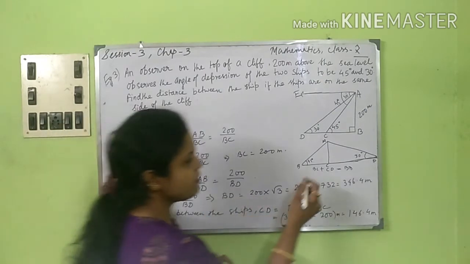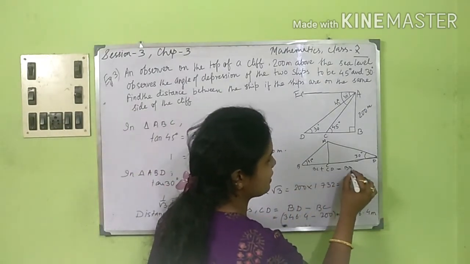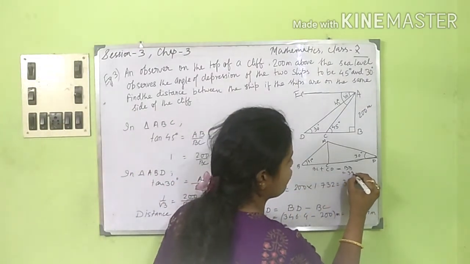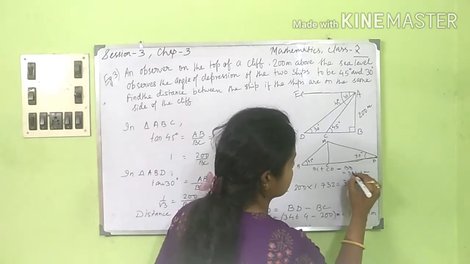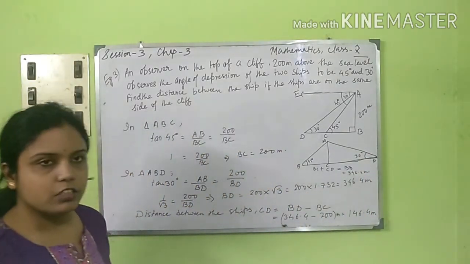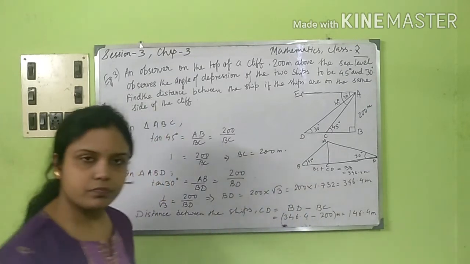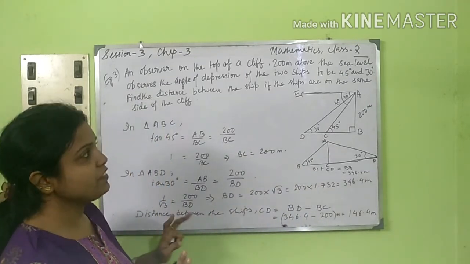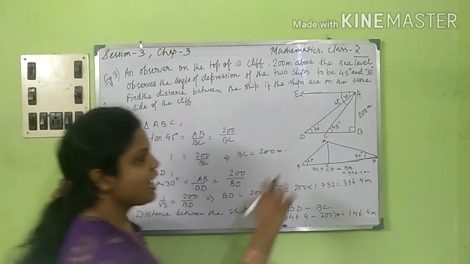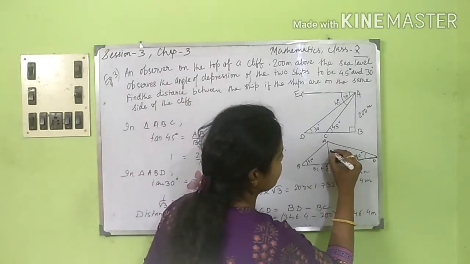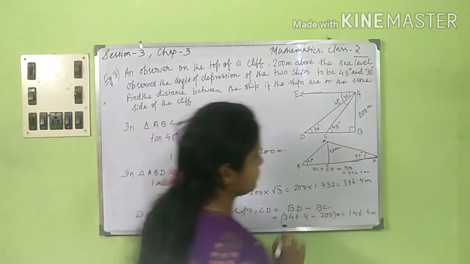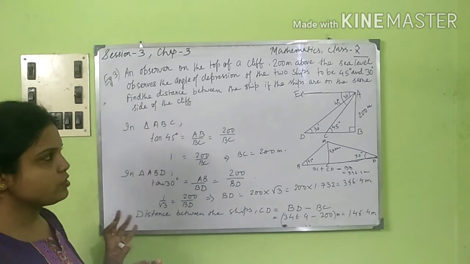So you can simply write that BC plus CD is equal to BD, which is equal to 346.4 meters. So this was an addition. This was a diagram if the ships were on different sides of the cliff, and AC is the cliff here, which is 200 meter. So this was all about the sum.